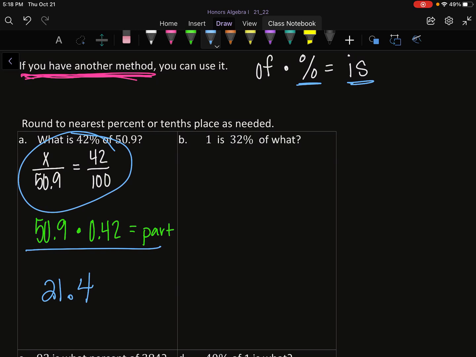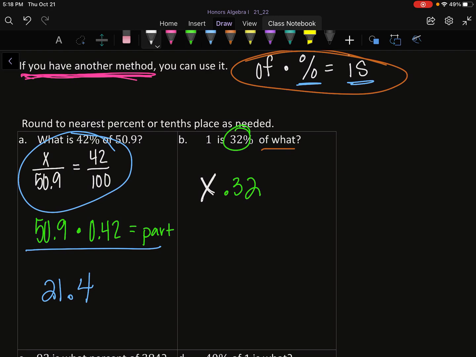So now we have 1 is 32% of what? Let me just go ahead and use this then. Of what? I don't know my of, so that means I'm going to put an X in for of. 32%, that's 0.32, and then that's equal to 1 is, so that's equal to 1. And then to solve for X, what am I going to do?